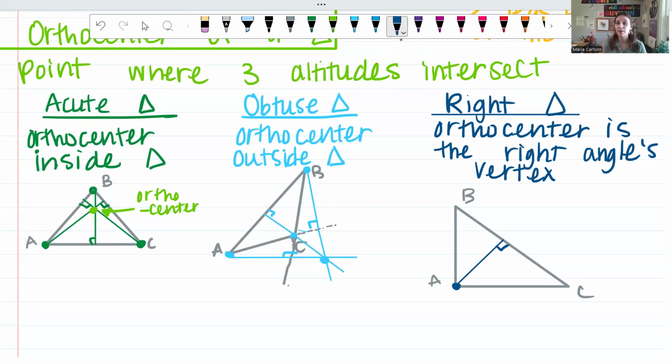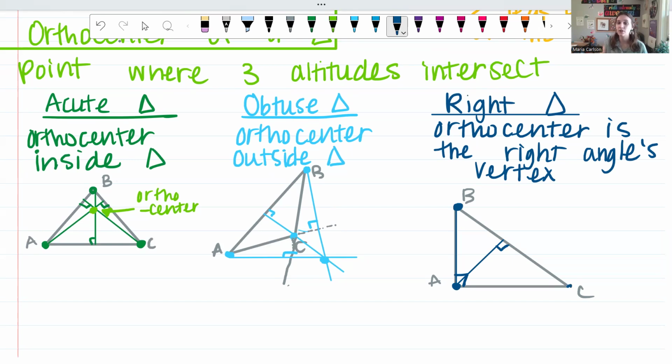And then if I'm going to find the altitude from B down to side AC, well, this is a right triangle, right? So this is a right angle. So the altitude from B to side AC would be this side itself. It would be side BA. That's an altitude.